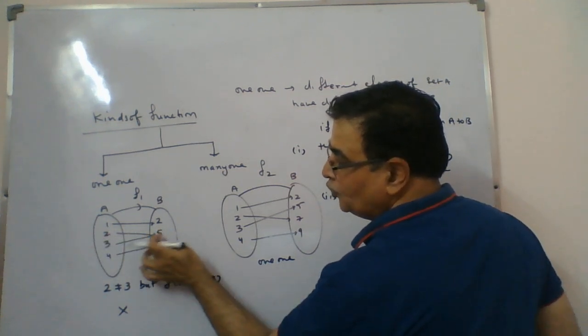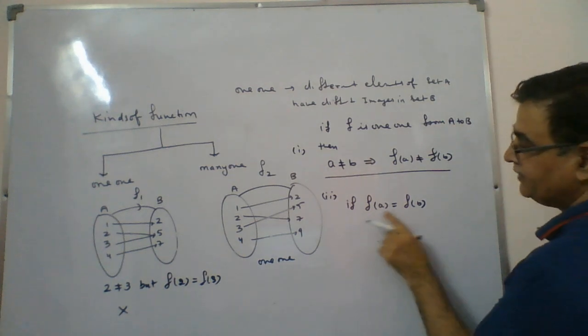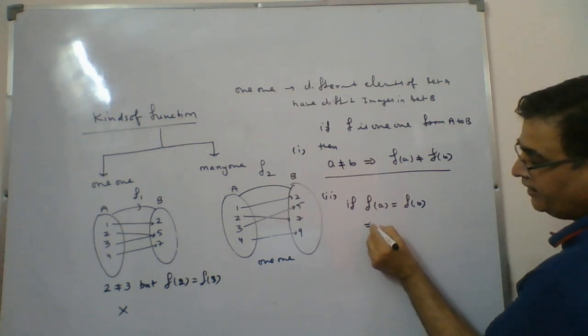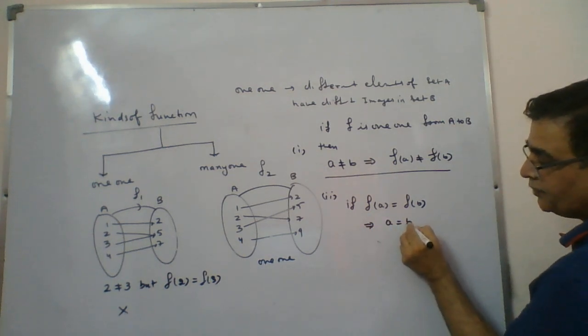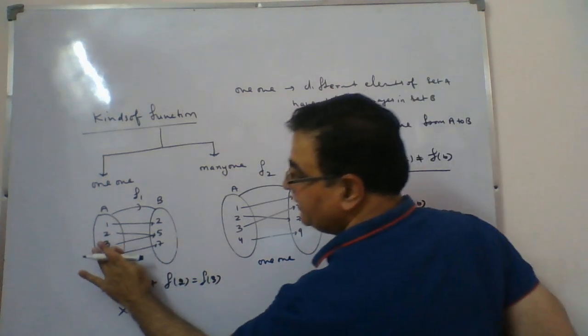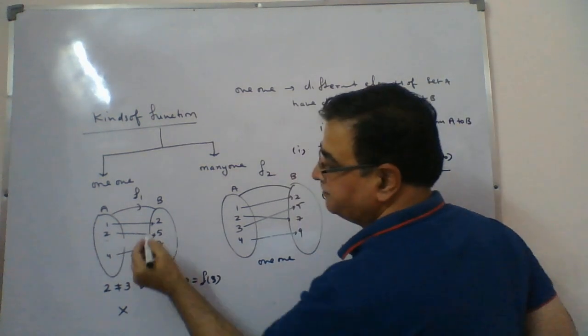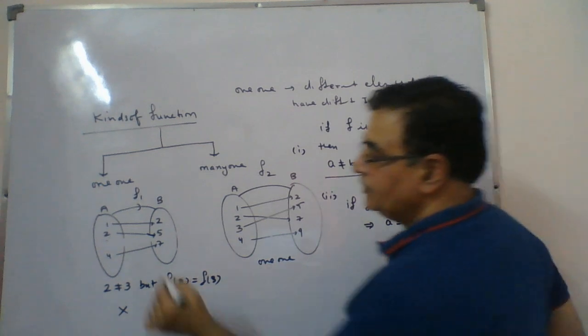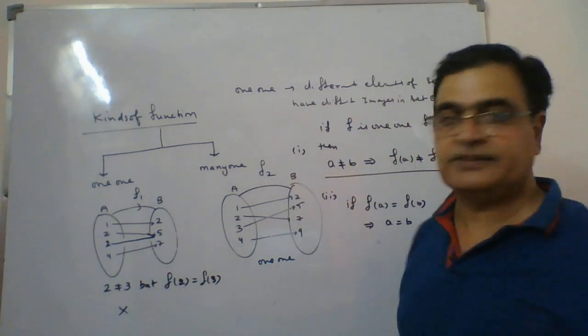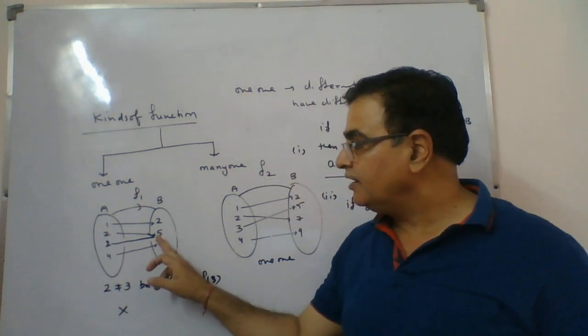This is the elements 2 and 3, two images. So f(a) is equal to f(b). If that implies a is equal to b, by the way, this changes to 2 only. This is 2 again. What you will find?